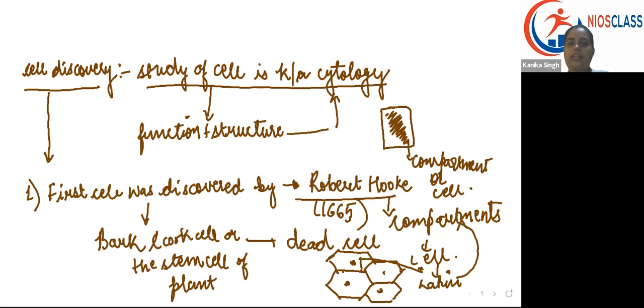Okay. Then the next point is about the cell theory. Afterwards, when they discovered the cell, scientists together thought that these are some characteristics of the cell. So we should formulate a cell theory that these two or three things are the basic things of a cell.